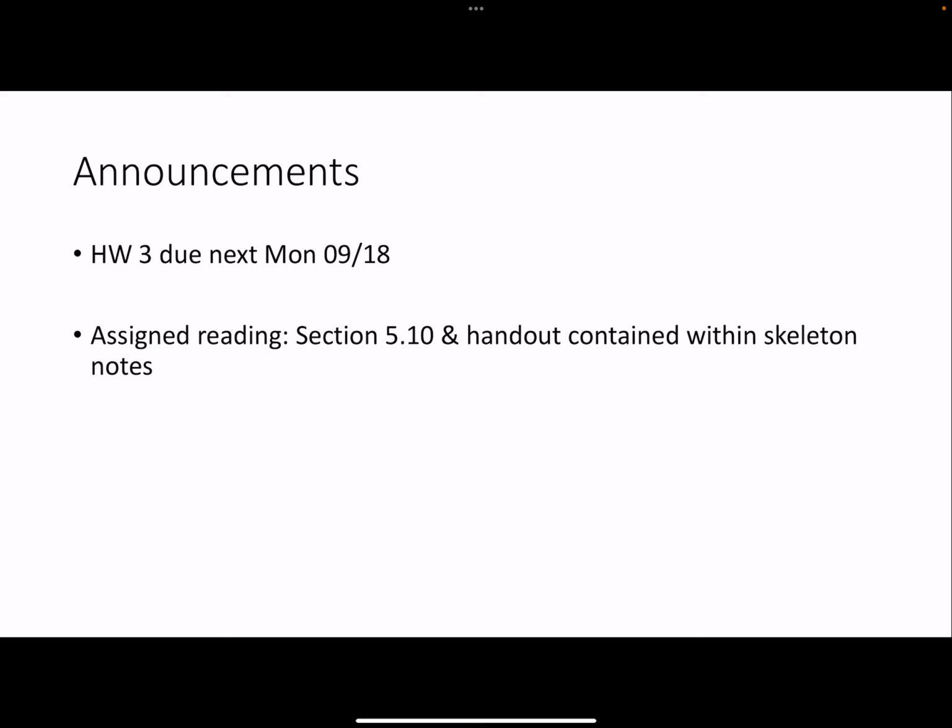So that's why there's a handout included in your skeleton notes that covers cables. And it's a short reading, all right? But that one also covers arches as well. And then section 5.10 will essentially cover the rest of the stuff that we're talking about in this lecture. And I think arches as well.